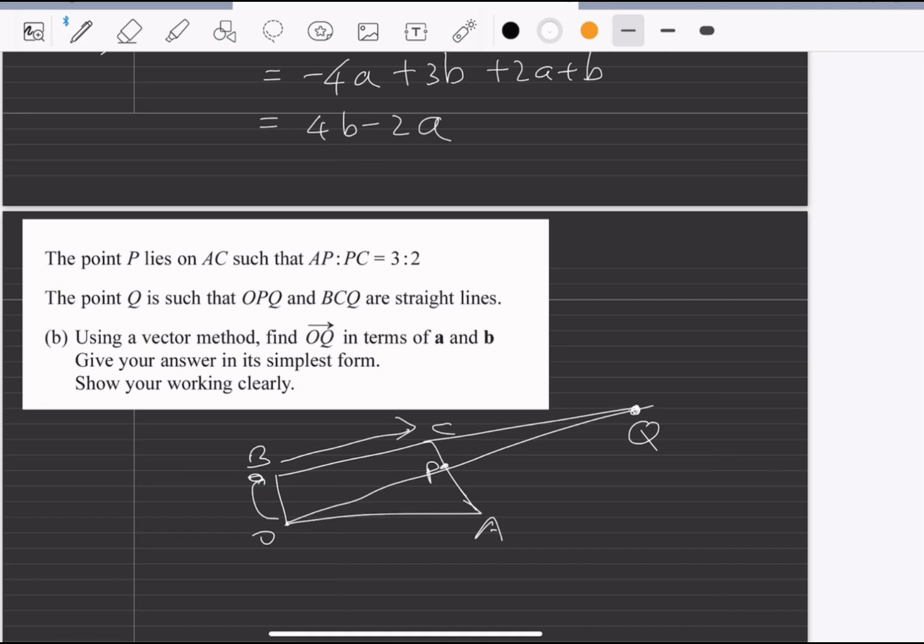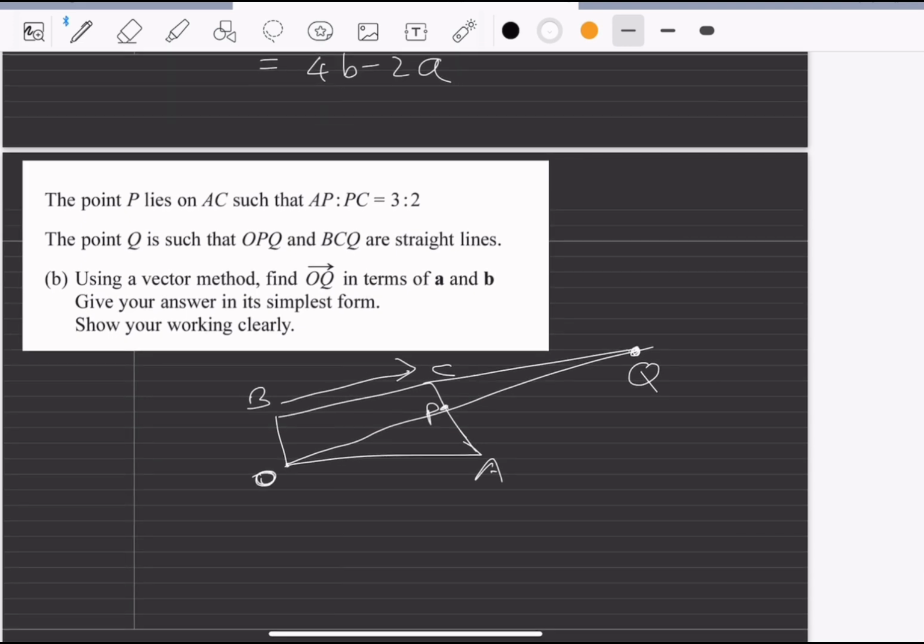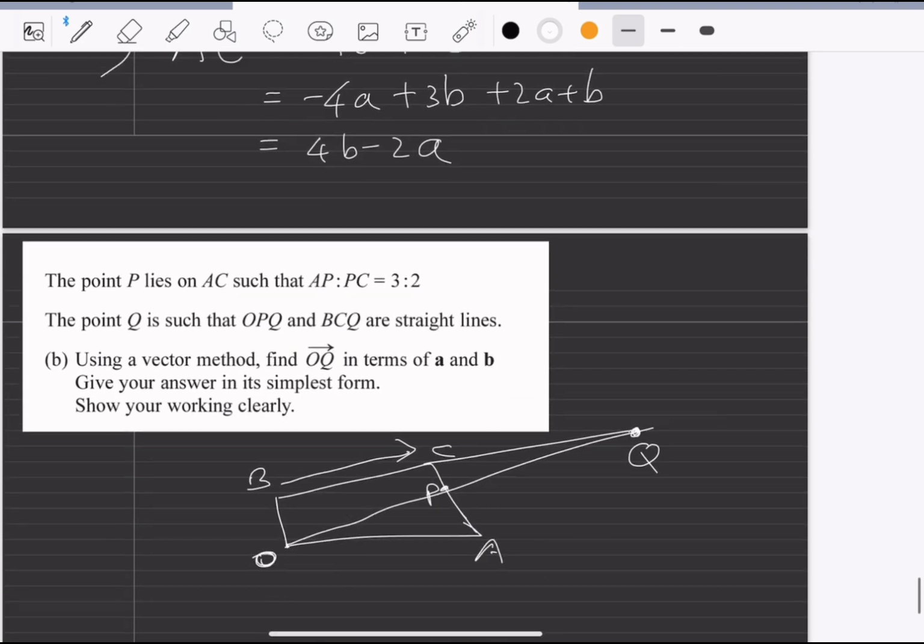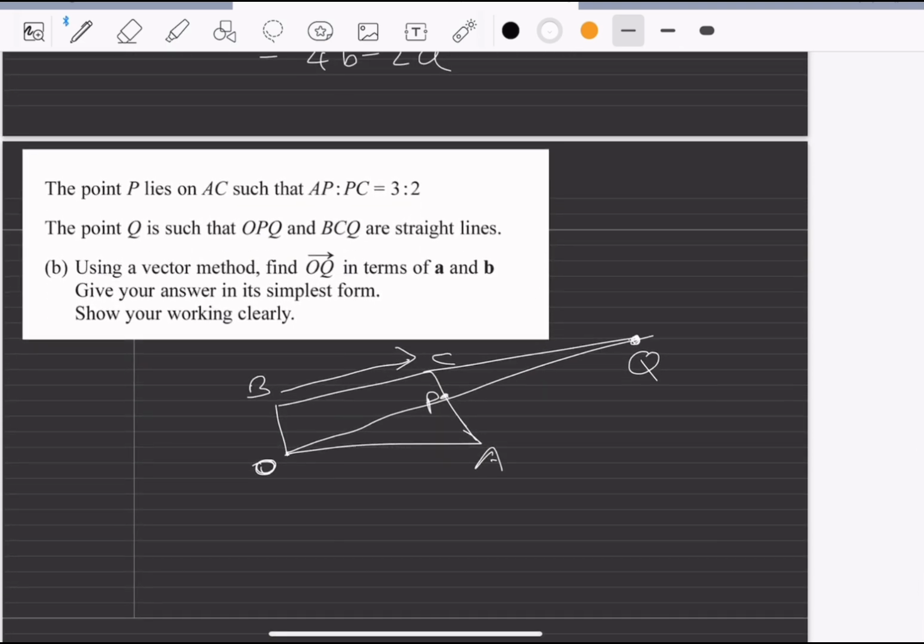We just need to find what BC is and take another multiple. And now we don't need to consider OB, just BC. Okay, so we already know BC is 2a plus b, so a multiple of that. But we still don't know what OP is. Our task is to find what OP is.